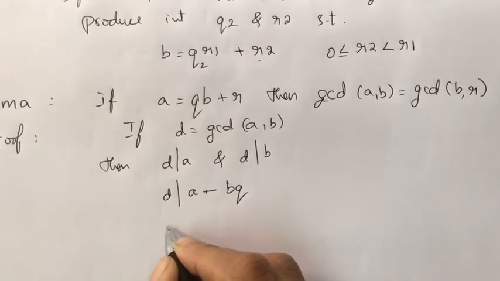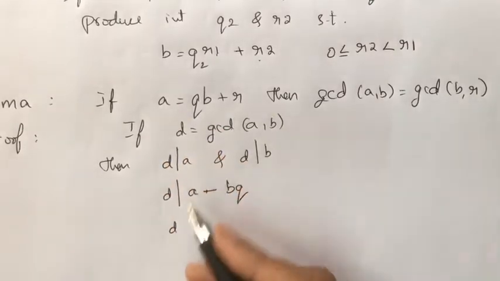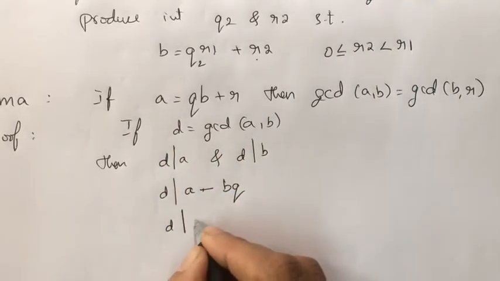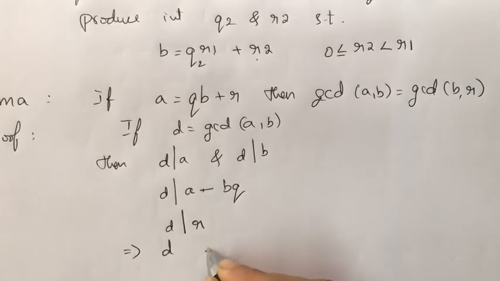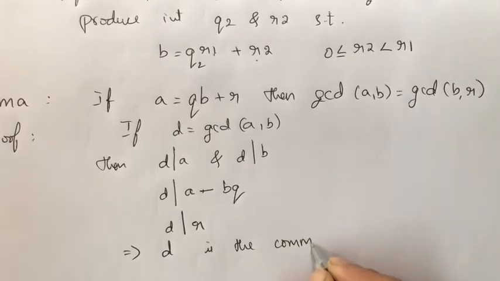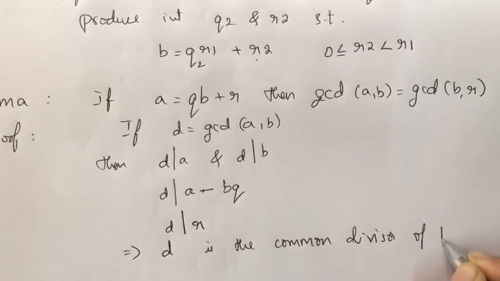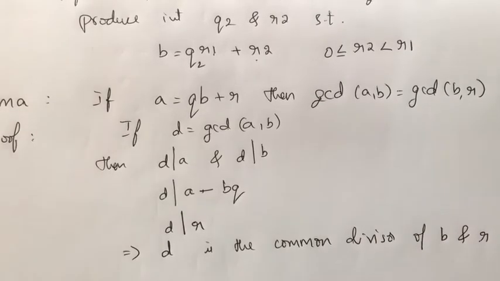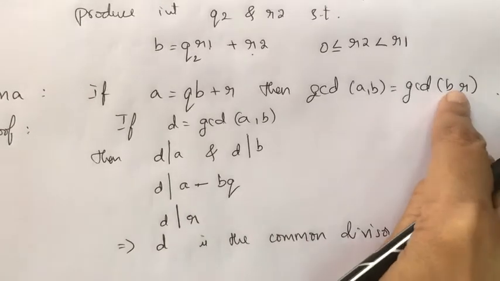A minus BQ is R. So D divides R. This implies D is a common divisor of B and R.